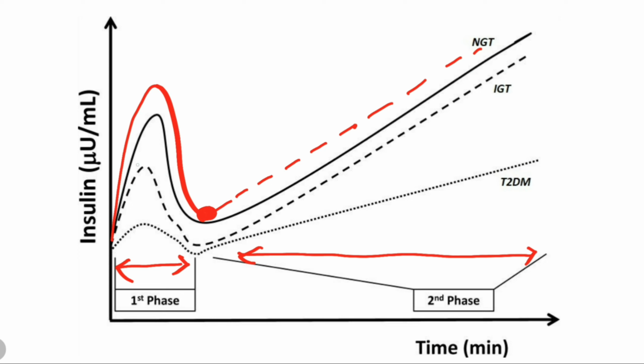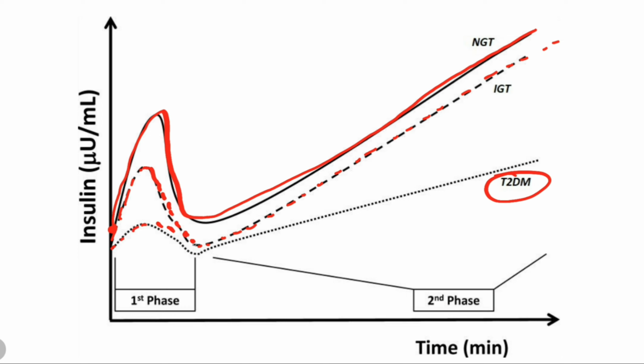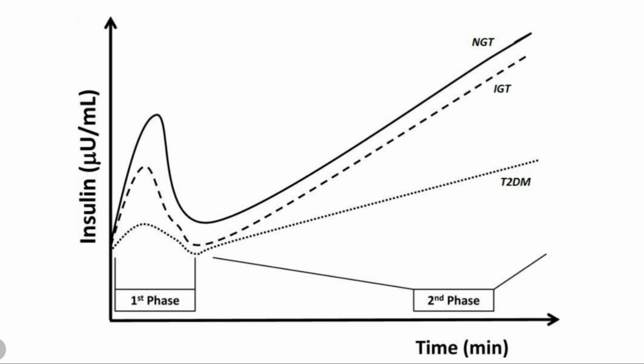The first graph shows insulin release in a normal glucose tolerance patient. If any patient has impaired glucose tolerance, the release of insulin gets reduced. And in case of type 2 diabetes mellitus, the response is very minimal. So all these things are part of the fed state.